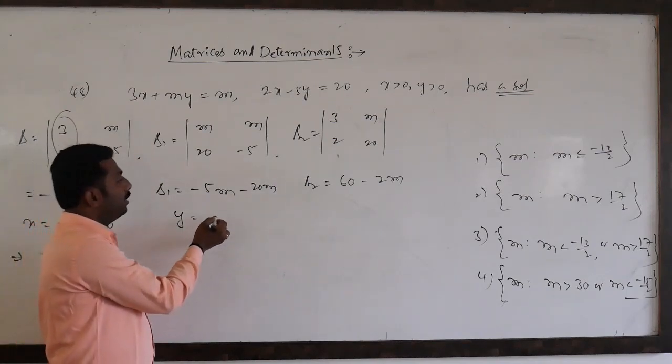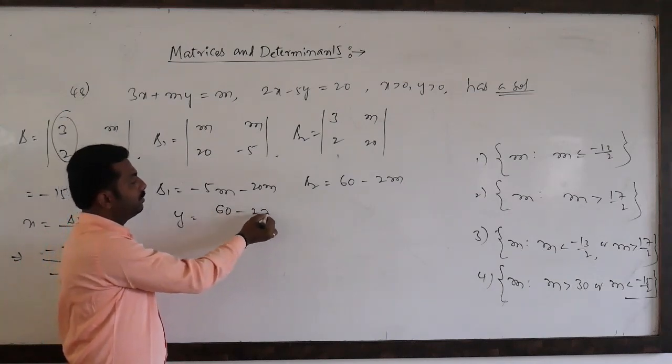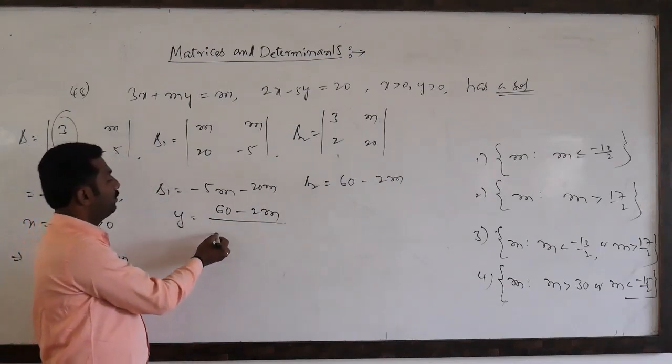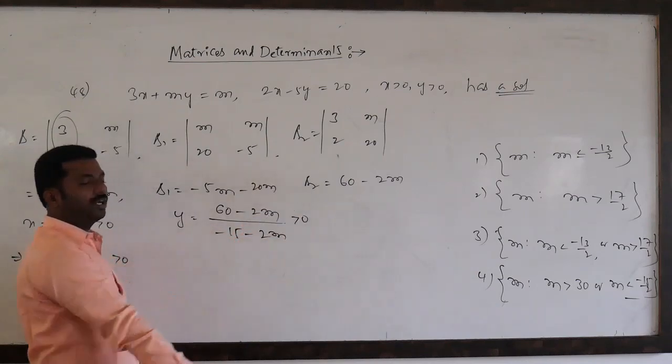Y means delta 2 by delta, which is 60 - 2m divided by -15 - 2m. This is also greater than 0.